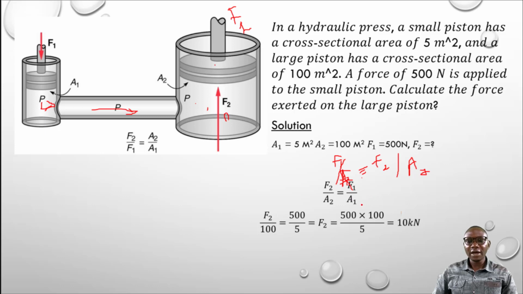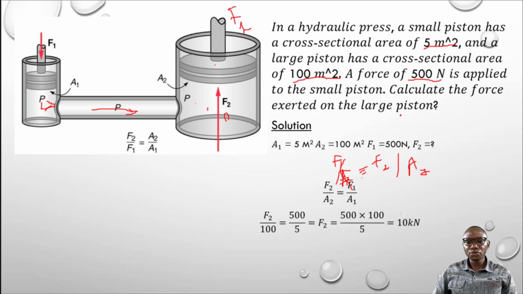F1 over A1 equals F2 over A2. Now from this question, what are the things that are given? We are given A1, we are given A2, and we are given F1. So we are supposed to calculate for F2 to see what that thing is lifting up.